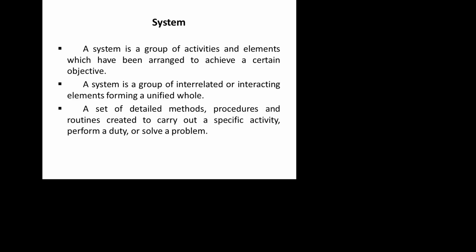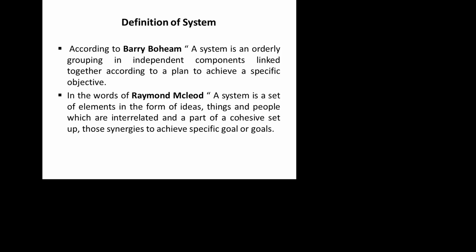Further, a system can also be understood as a set of detailed methods, procedures, and routines created to carry out a specific activity, perform a duty, and solve a particular problem of a business organization.